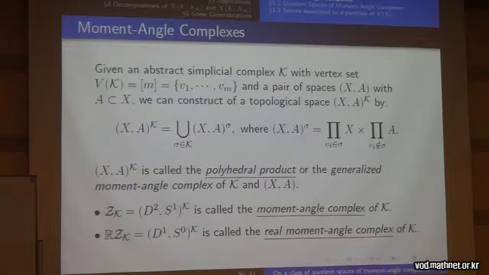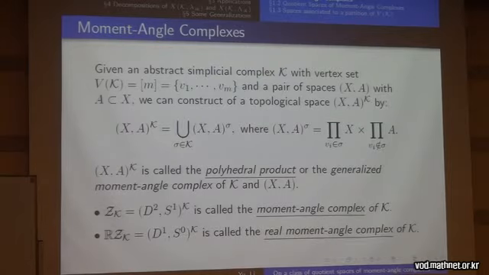Notice that the building block of the space is a product of spaces, right? The building block is this, X^A_sigma, where sigma is a simplex of K. So this is the reason why people call it polyhedral product or generalized moment-angle complex.